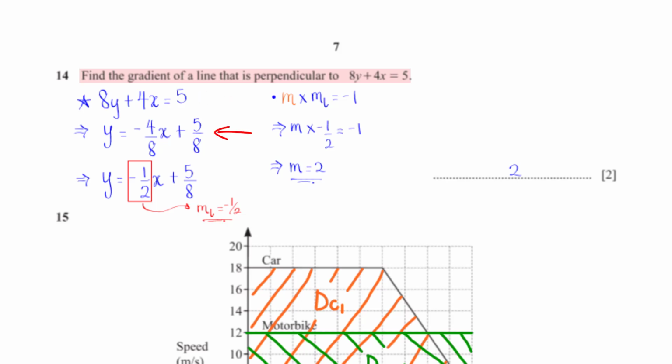And this gives us y is equal to -4/8 x plus 5/8. -4/8 can further be simplified into -1/2. And so the slope of this line is equal to -1/2. When we put that into our equation, we have m times -1/2 equals -1. When we make m the subject, we have m is equal to 2.